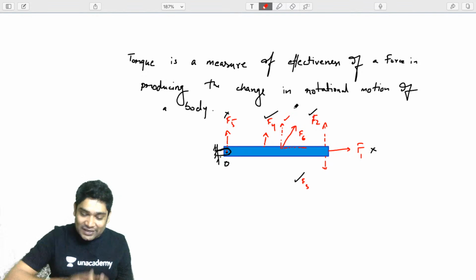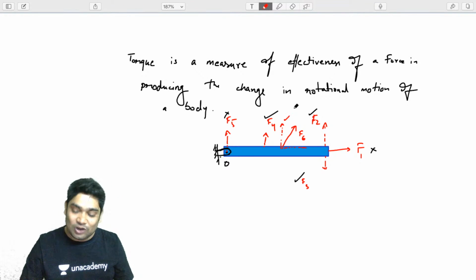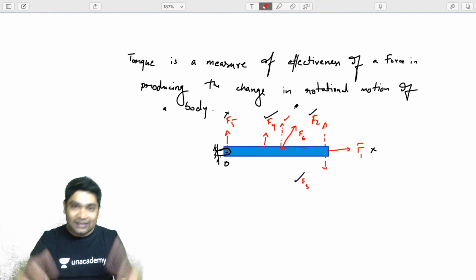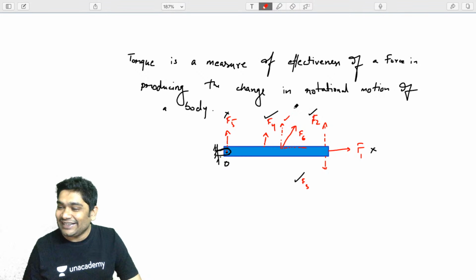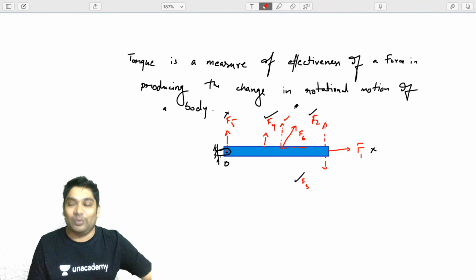We believe that space is also created in the Big Bang. There was no idea of space and time. We believe that space also got created in the Big Bang, and space is also expanding now. That is the idea that we have. We don't know much of what would have been there before the Big Bang.